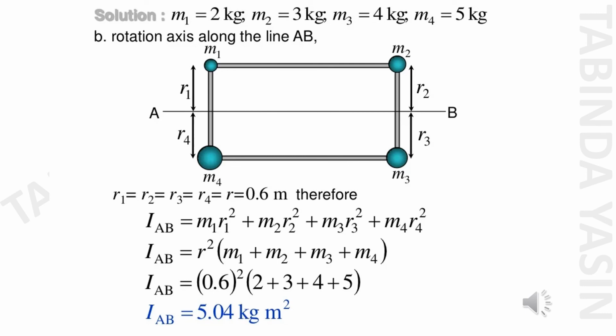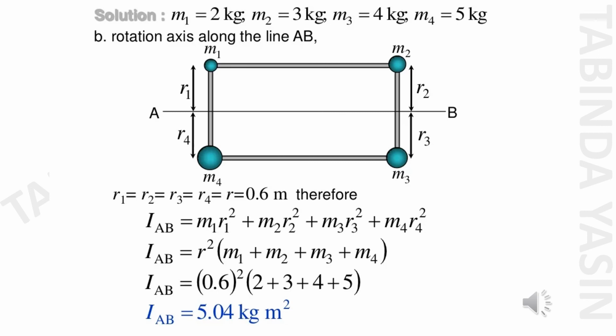Now the solution: m1 is equal to 2 kg, m2 is equal to 3 kg, m3 is equal to 4 kg and m4 is equal to 5 kg. Now part B, rotation axis along the line AB. We have the distance between A and m1, that is r1, between m2 and point B is r2, from point B to m3 is r3, and from point A to m4 is r4.